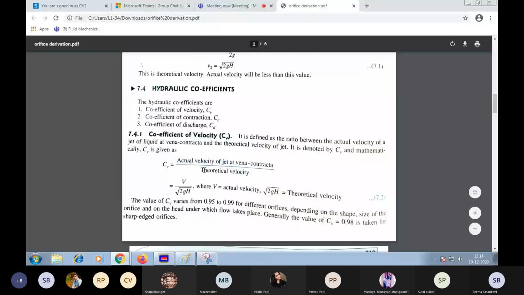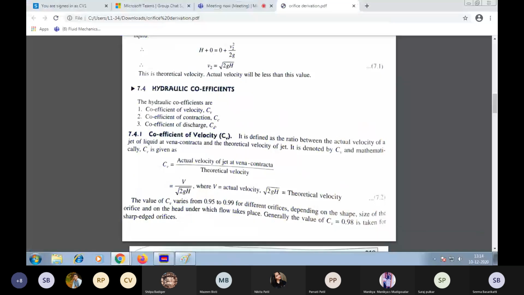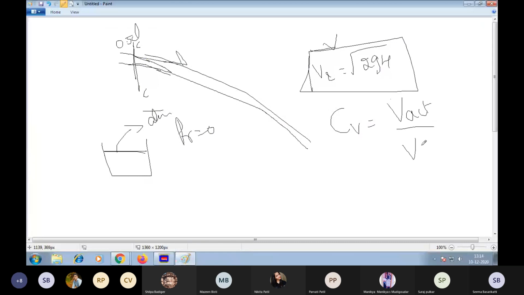This can also be written as CV is nothing but actual velocity by theoretical velocity. V actual by V theoretical gives you the coefficient of velocity.